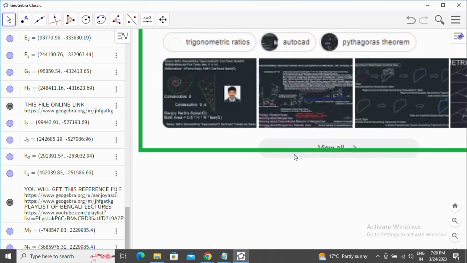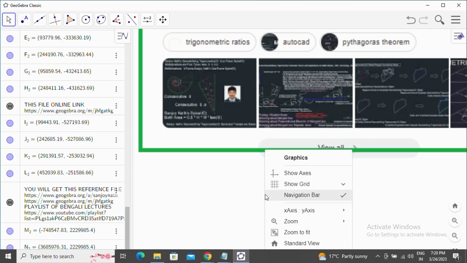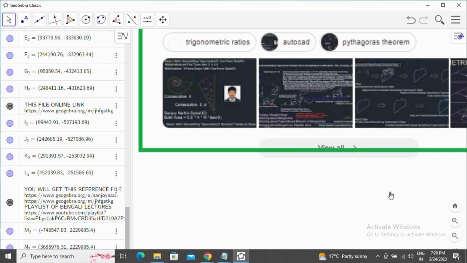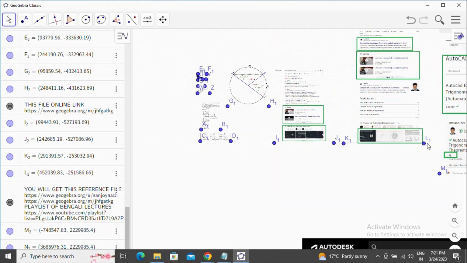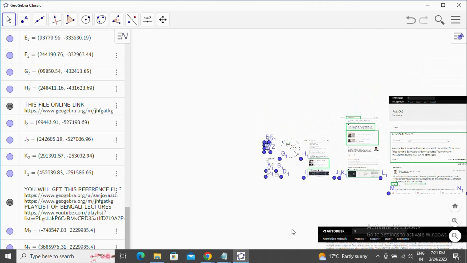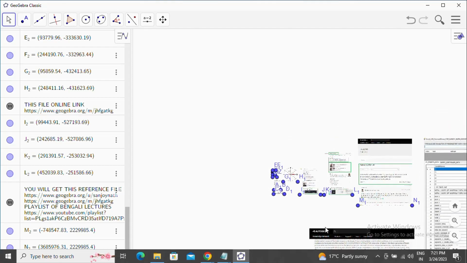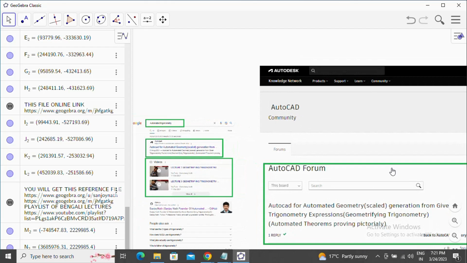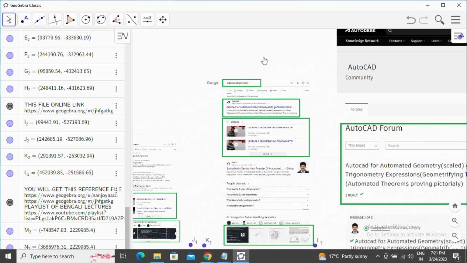It is shown there, and there are Lisp programs freely available in the Autodesk forum, where you will automatically get redirected from Google, so it is not a big deal. Here I want to show you, if you search with automated trigonometry in Google, then you will find this link, where I am trying to show you this link here.